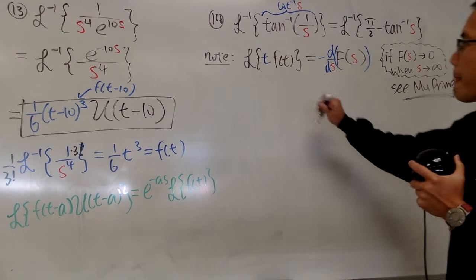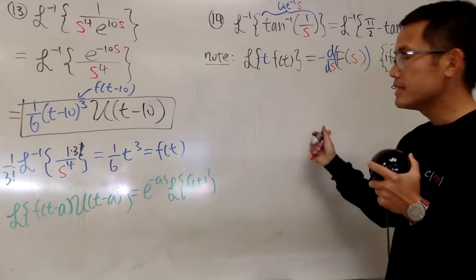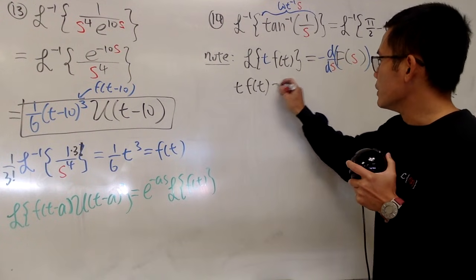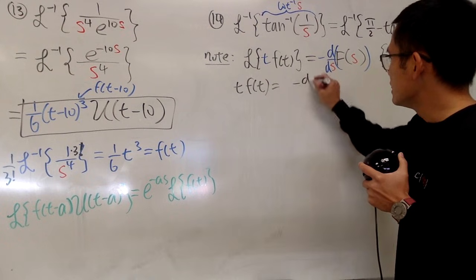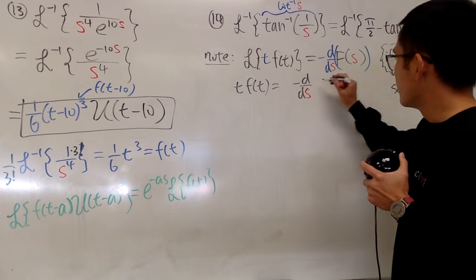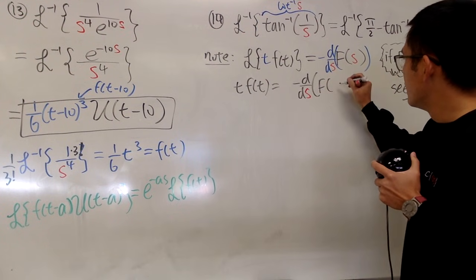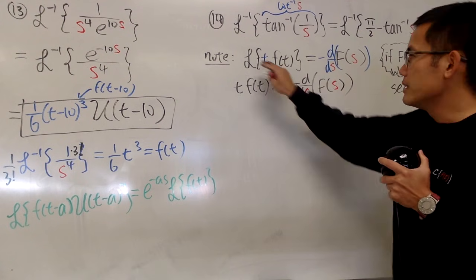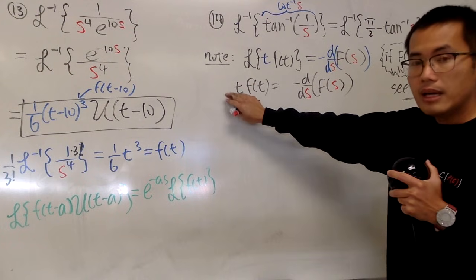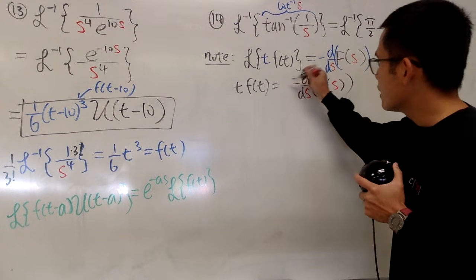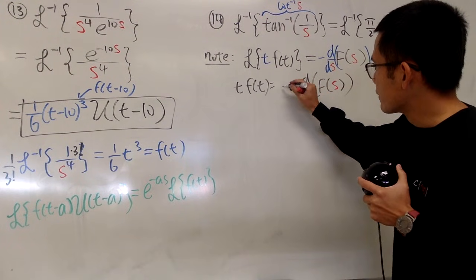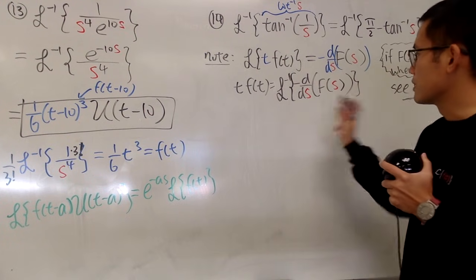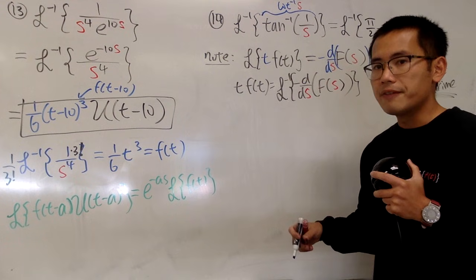Now what we'll do is take the inverse on both sides, and you will see that the left-hand side is just t f of t equals negative d/ds of F of s. And then I don't have the Laplace anymore, because we do the inverse right here. So that's a formula to get back to the f.